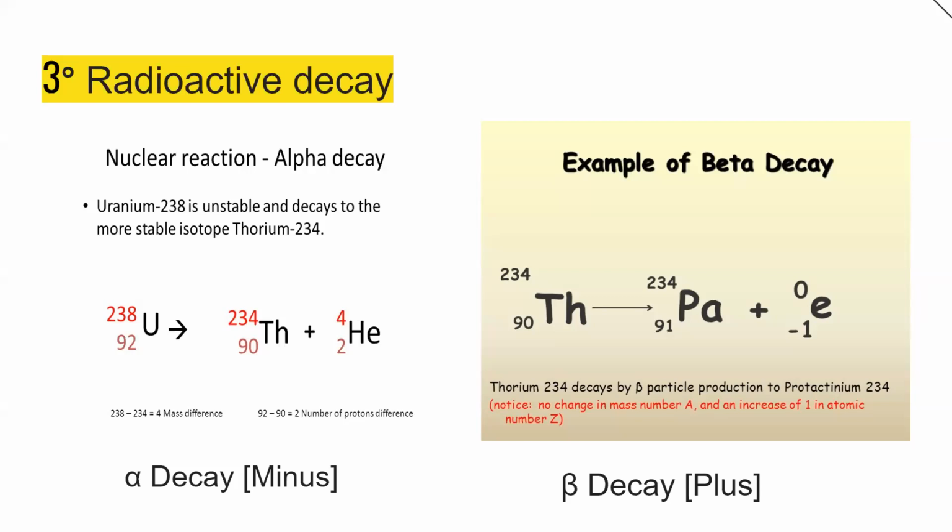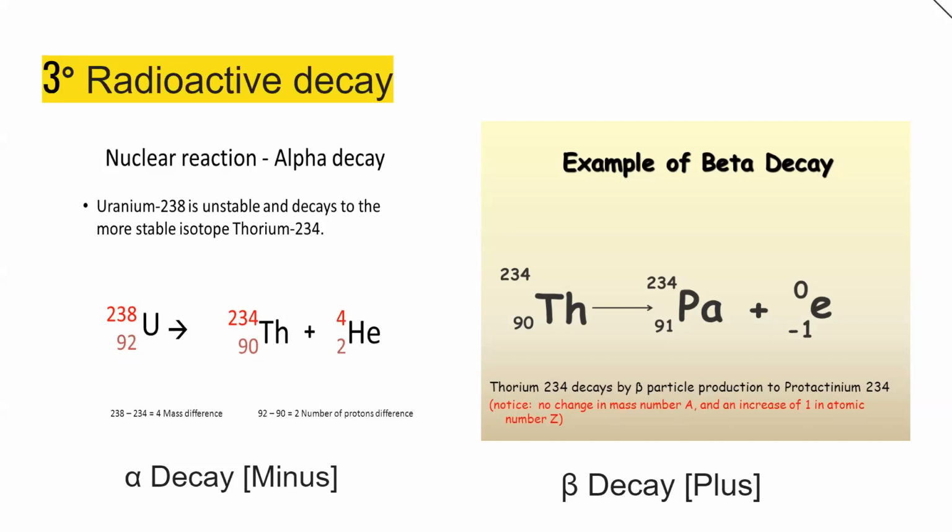We can show this with a general form: on the left side, the element X with mass number M and atomic number A changes to another element Y with M minus 4 and A minus 2, plus helium-4. So remember that alpha decay is the minus one, because it loses energy and loses mass.